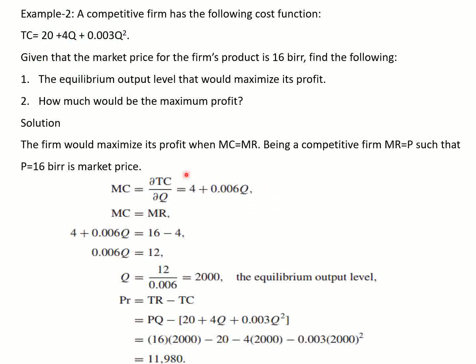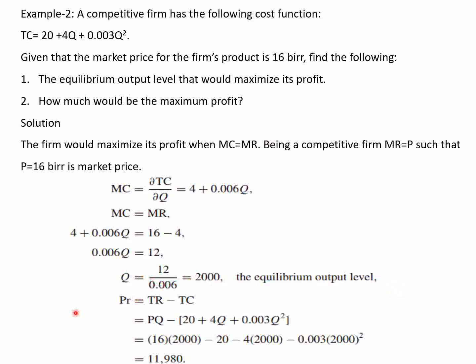So this is the first derivative of the total cost, that is the marginal cost, and the marginal cost equals the marginal revenue, or we can say the price. So we make 4 plus 0.006Q equals 16, and we get Q equals 2000. This is the equilibrium output level.